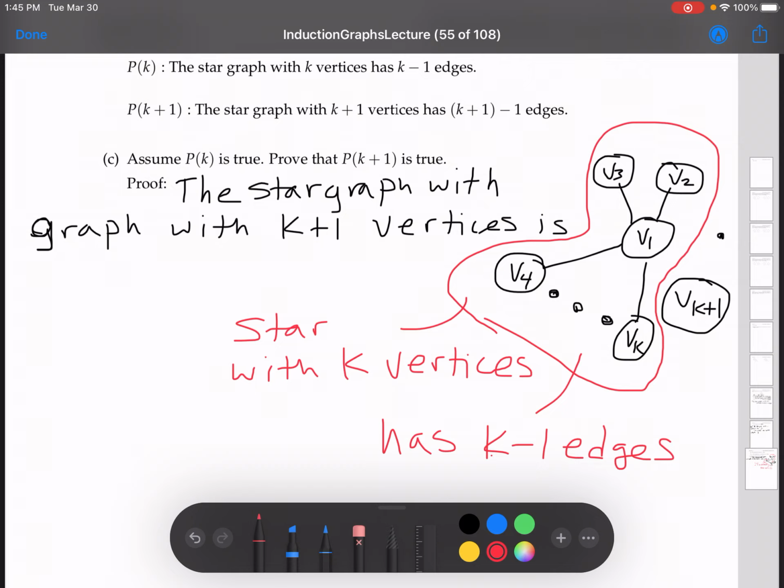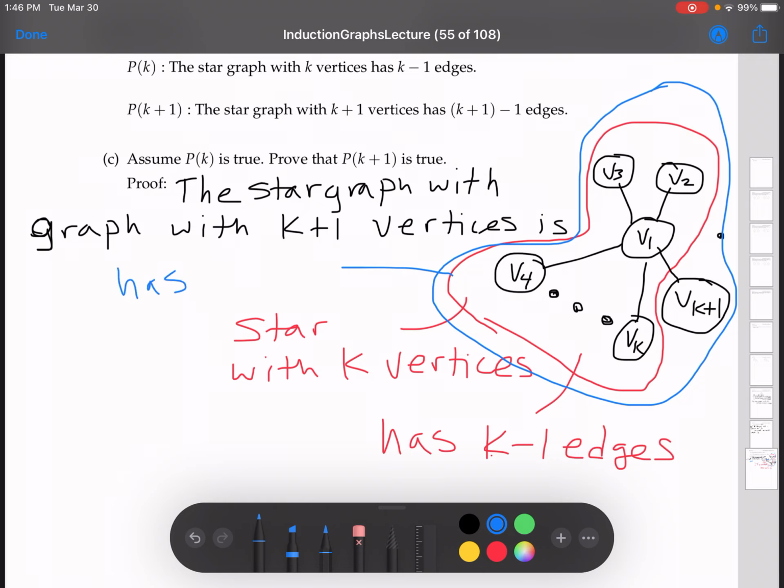And so when we add this edge back, to get this blue graph, the blue graph being the star with k plus 1 vertices, if the red graph has k minus 1 edges, then the blue graph has however many, because the blue graph is just one more edge than however many edges are in the red graph.